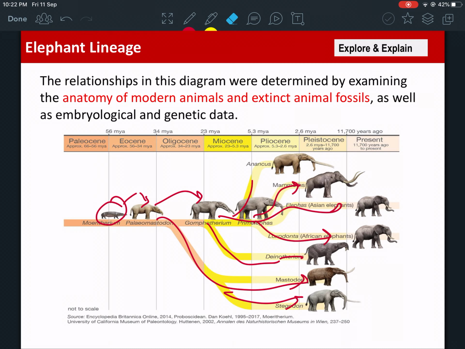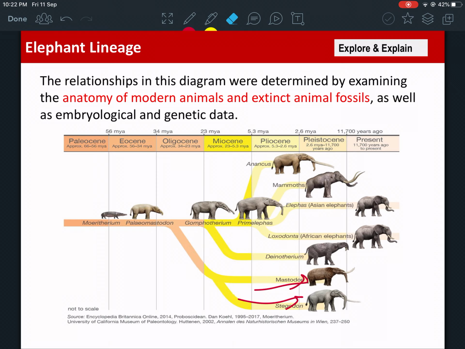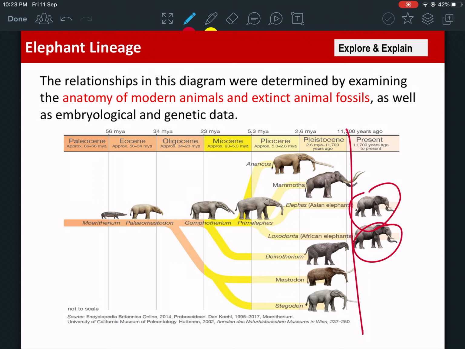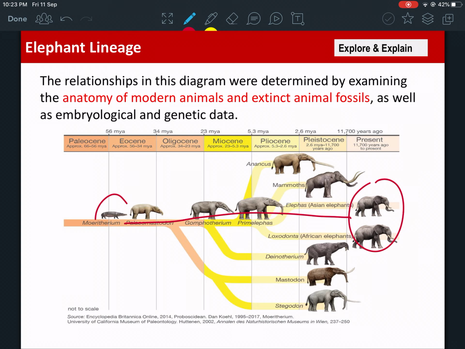So this is like an evolutionary journey that leads us to the present day, where we have two types, the African and the Asian elephant. They believe that the African and the Asian elephant both have this one common ancestor, and they have this one before it.